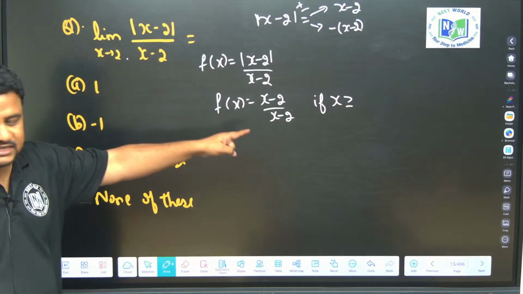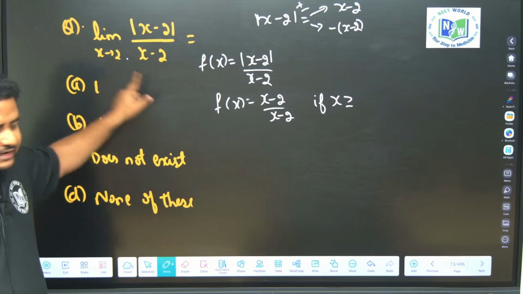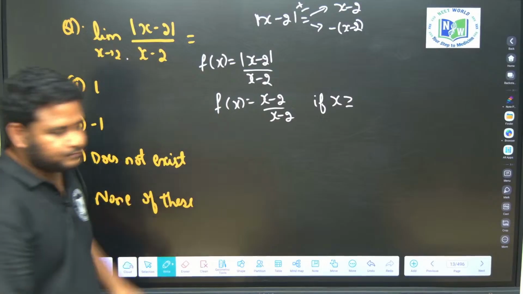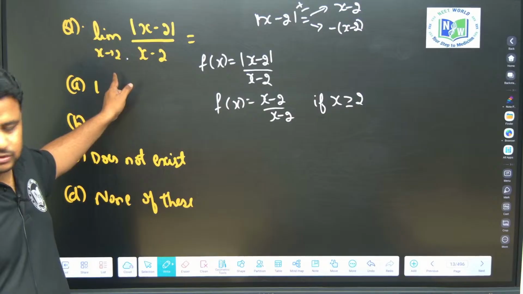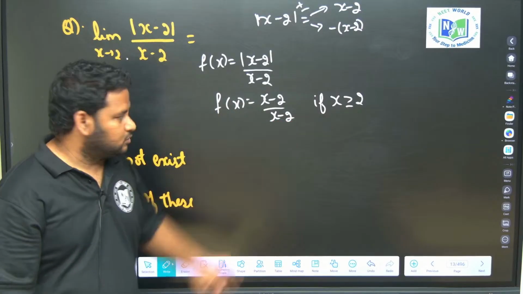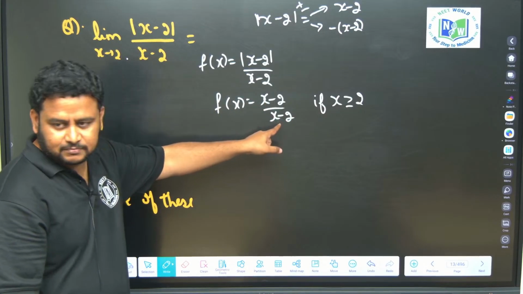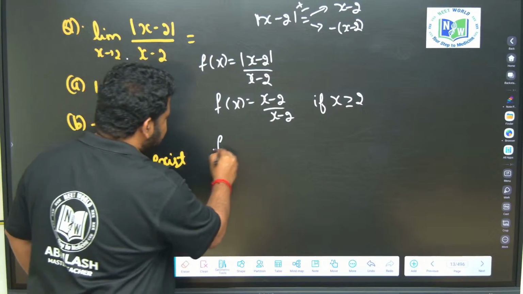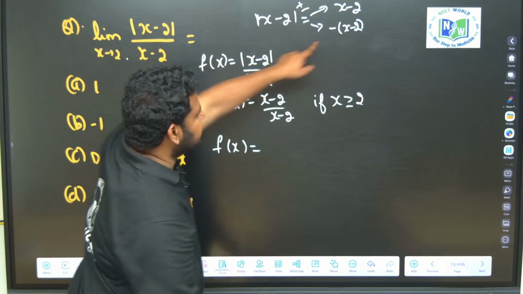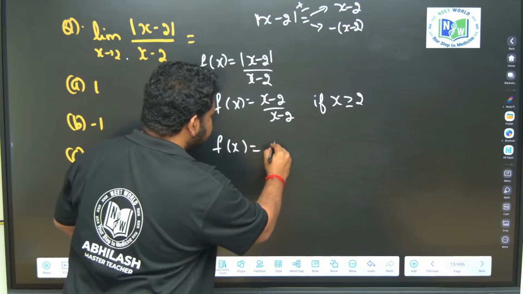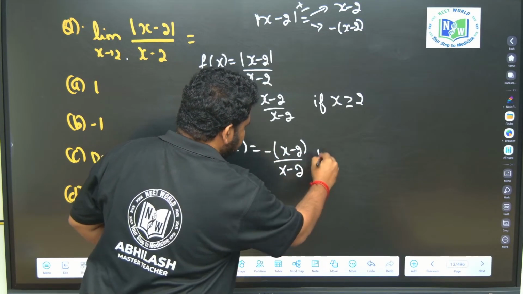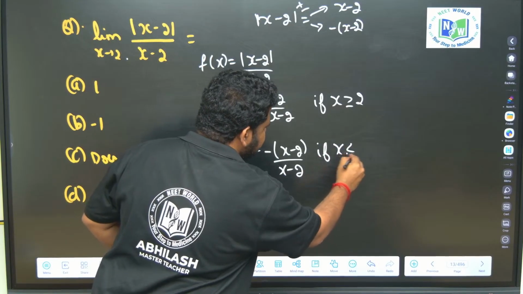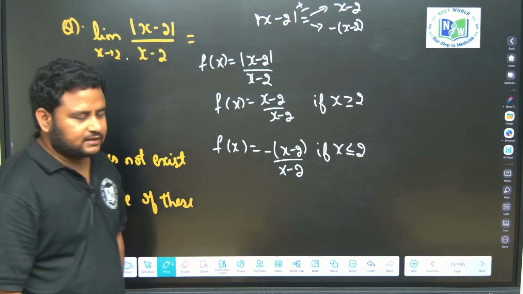So here we should write x is greater than or equal to 2. So we have got x minus 2 by x minus 2. And for the second function, f of x is minus of x minus 2 by x minus 2 if x is less than 2.